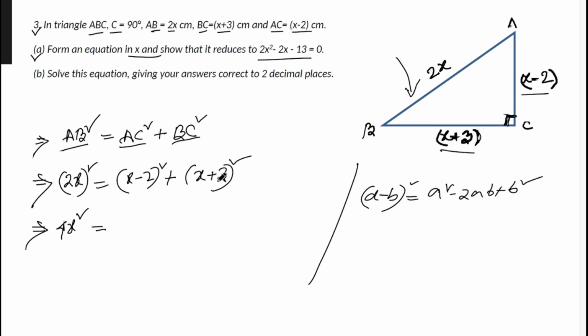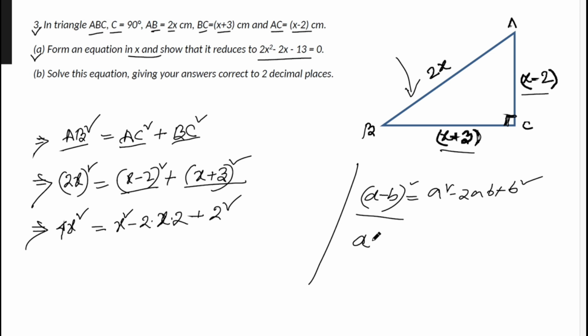So if we apply this formula here, we will get x square minus 2 into x into 2 plus 2 square, and here we have x plus 3 whole square.